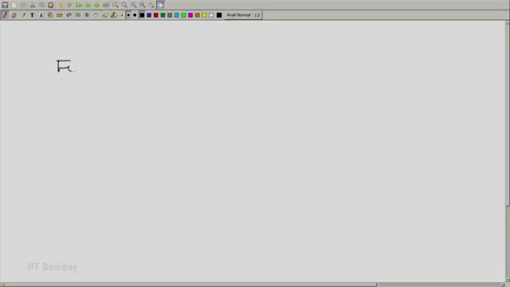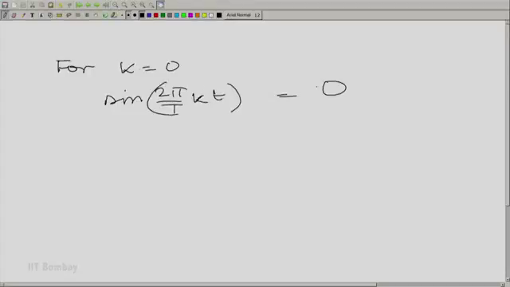What do we do for k equal to 0? Let us see that. For k equal to 0, sin(2 pi by T times kt) is equal to 0.